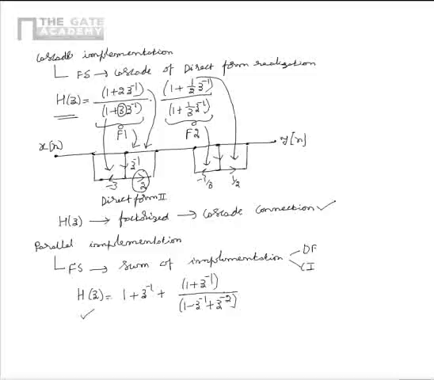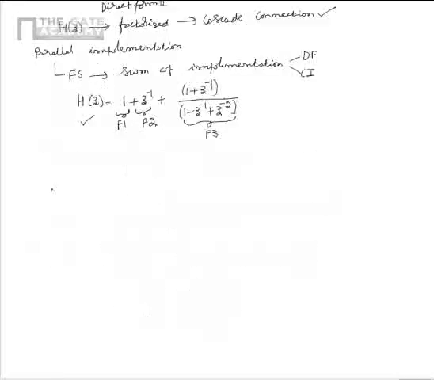Here we can realize H of z as the addition of a direct form implementation F3 and F1 which is 1 and F2 which is z inverse. From this we see that the parallel implementation can be drawn as shown.